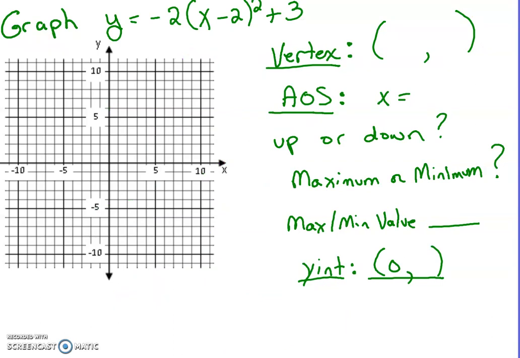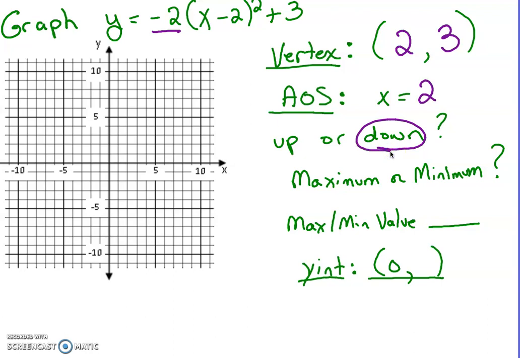So let's actually graph one all the way from the beginning to the end. All right, so here, just by looking at this equation, it's written in vertex form, so the h is positive 2, and the k is positive 3. The axis of symmetry is x equals 2. The a happens to be negative, so it opens down.